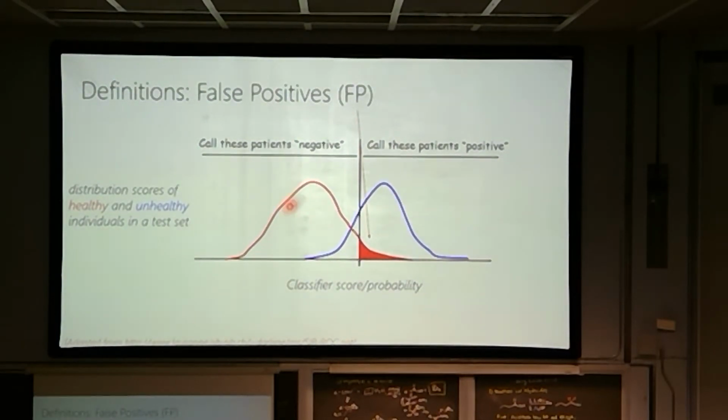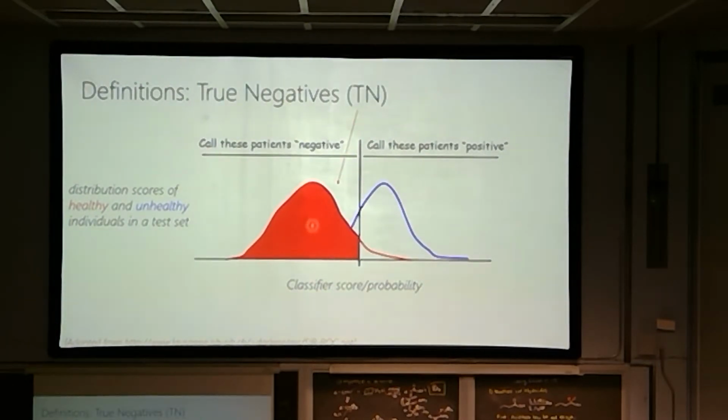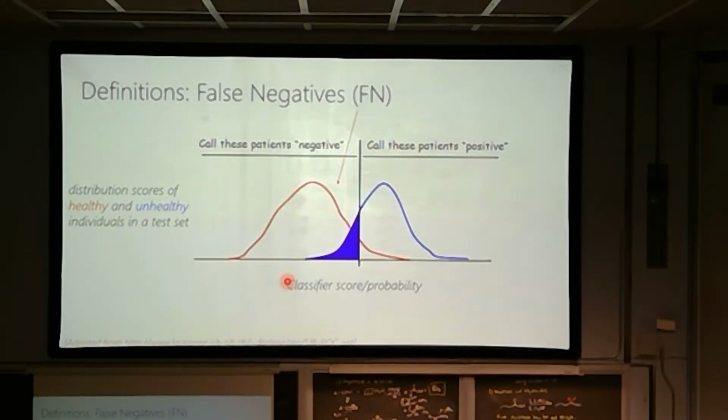Those from the other distribution that lie above the threshold are of course the false positives. Those that lie below the threshold and truly are negative are the true negatives. And finally, those that are positive but lie below the threshold are false negatives, right? So there are basically 4 categories. 2 of them mean you got the right thing, and 2 of them mean you got the wrong thing.